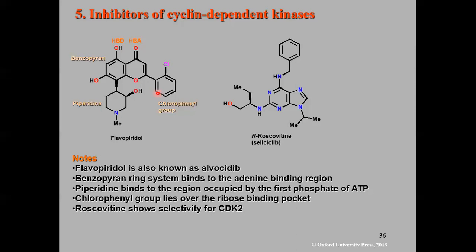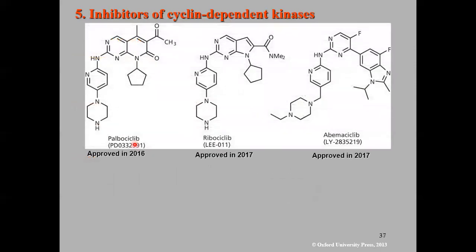Roscovitine, on the other hand, shows selectivity for CDK2, which is good. Both agents are undergoing clinical trials now. It is also important to mention that flavopiridol is a semi-synthetic compound, which means it's a derivative of a natural product or a naturally occurring compound. All right. Other inhibitors are palbociclib, ribociclib, and abemaciclib.